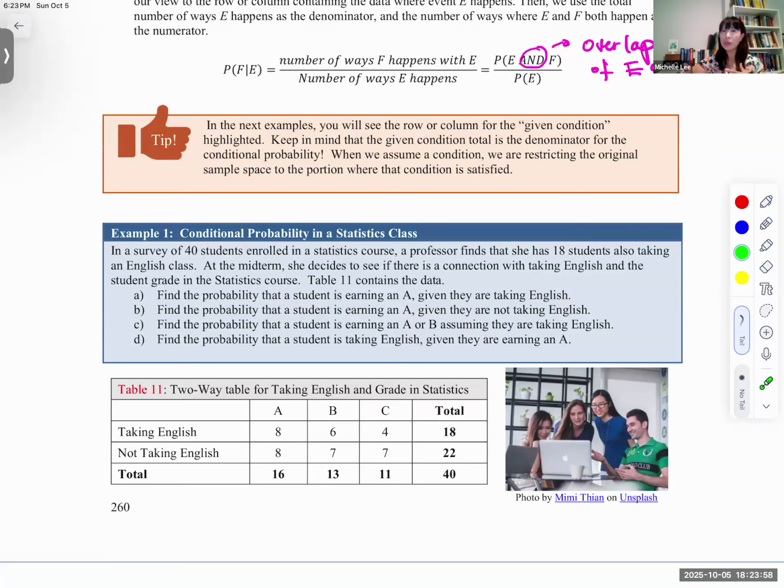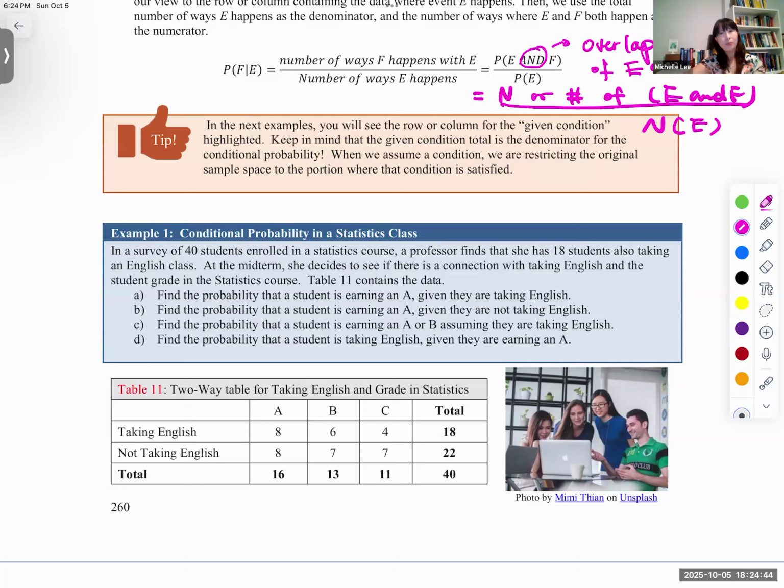Since we have frequencies, we can say the number of event E and F, divided by the number of event E. If the information gives us frequency, we can use the number of.